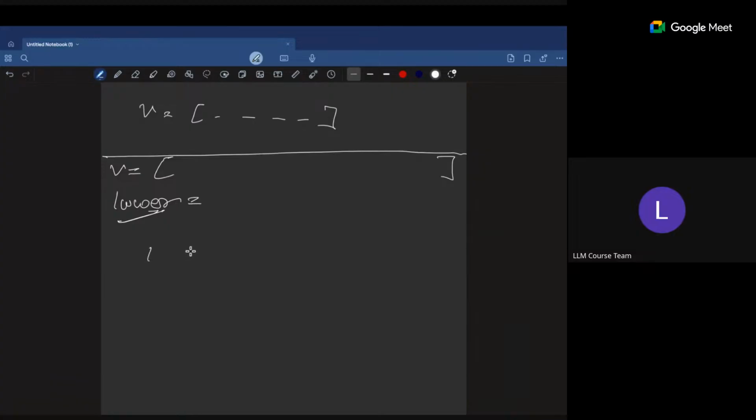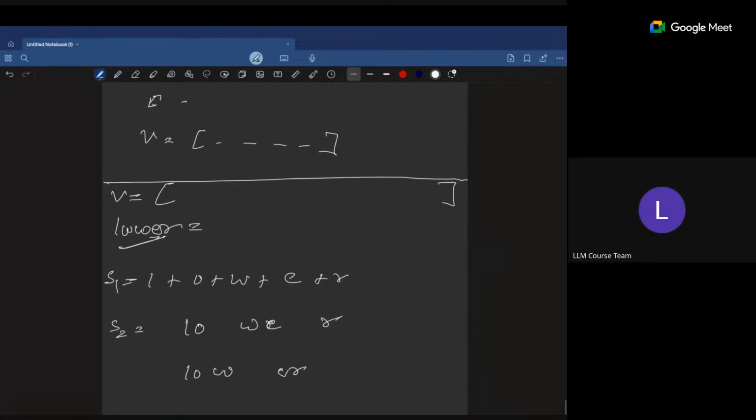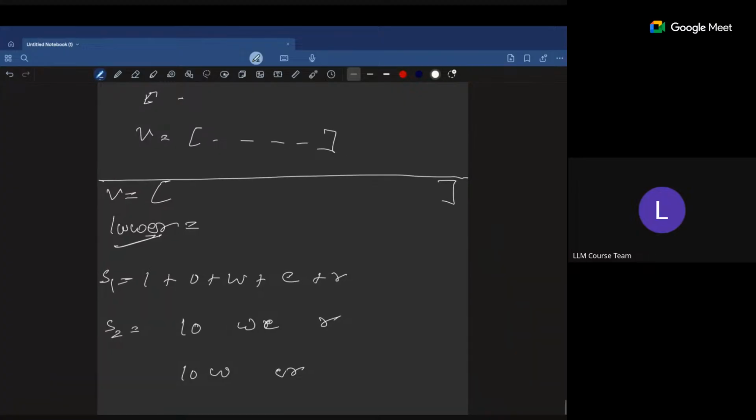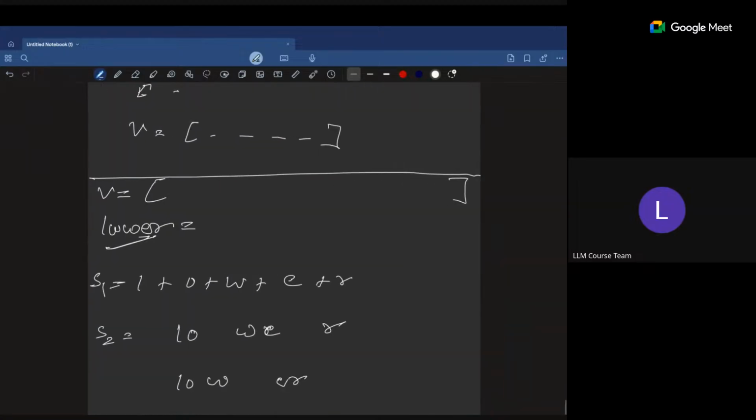All the possible splits will be L plus O plus W plus E plus R, something like that. This is my one split. Let's say the second split is LO, WE and R. The third split is LOWER.